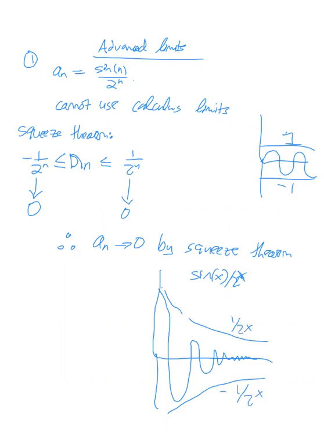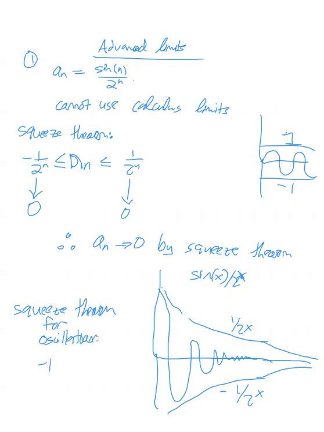You can see they're forcing it to go to 0, or squeezing it to go to 0. So you're free to use the squeeze theorem, but the squeeze theorem is really useful for oscillatory things. So squeeze theorem for oscillations.